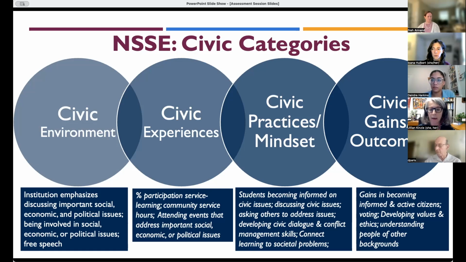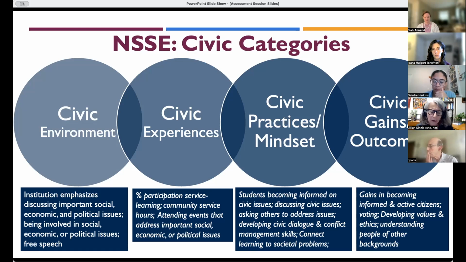So students becoming informed about civic issues, connecting their learning to societal problems. And then we finally have what might be the thing we're all after, which are civic gains and outcomes. In this case, it's students' impressions of the extent to which the institution has contributed to their civic gains and outcomes. So there's a range of things we can ask students to reliably report on in terms of their experience. These are the categories that currently represent the survey.